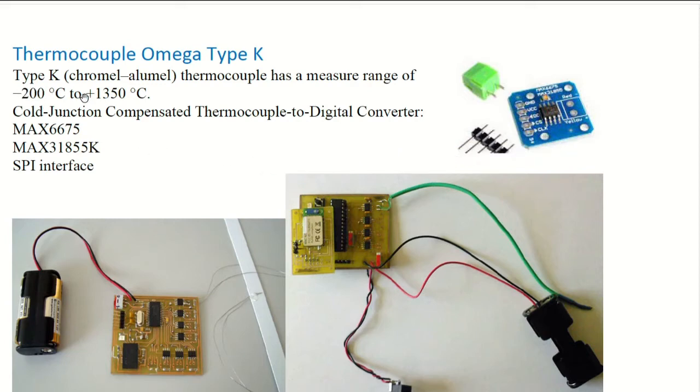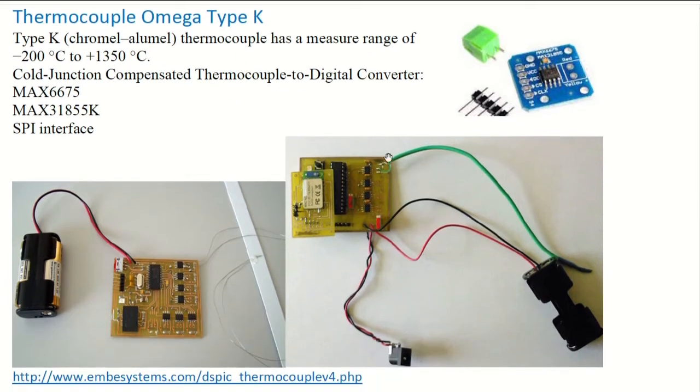The temperature range is very wide, from minus 200 degrees centigrade to 1350 degrees centigrade. The most common thermocouple is the type K. As you can see here, you have a type K one, with plastic around it, and this is very fine. As you can see here, two AA batteries.